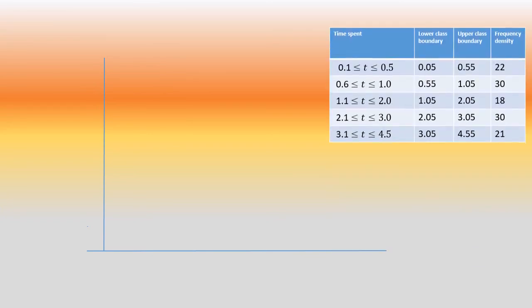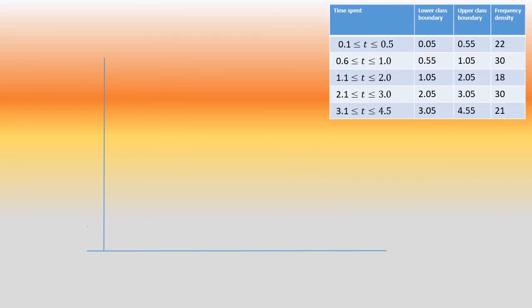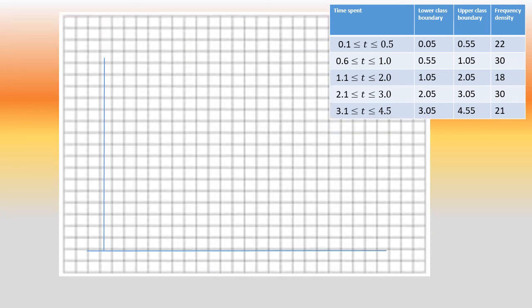Now, this table, I am going to draw it into a histogram. When we draw the histogram, we have to draw frequency density against the time spent, which are the class boundaries. So the x-axis is going to be the class boundaries, and the y-axis is the frequency density. I will mark the y-axis, the frequency density, from 0 to 30, as the maximum value here is 30.